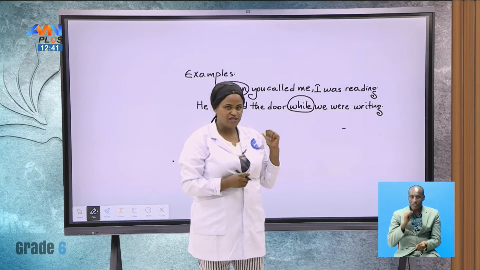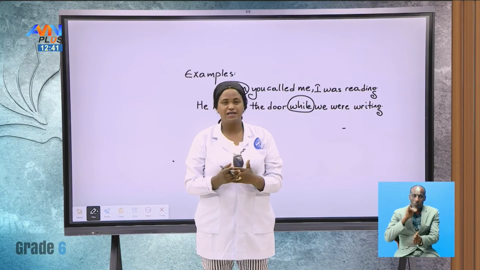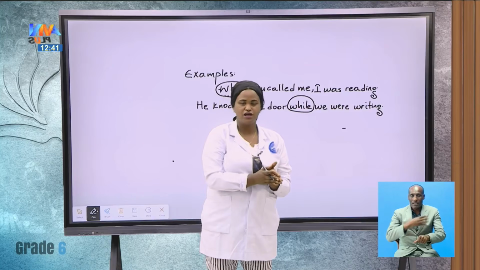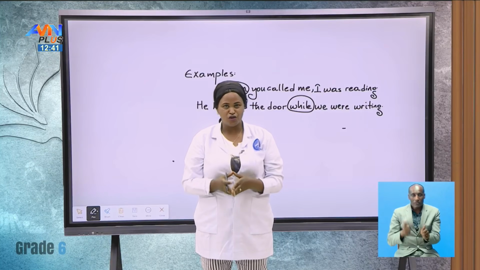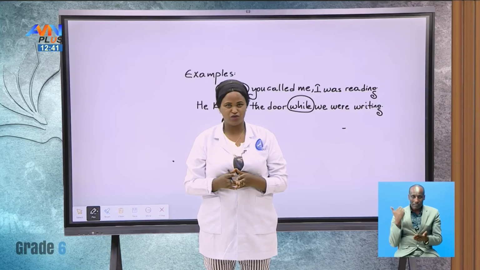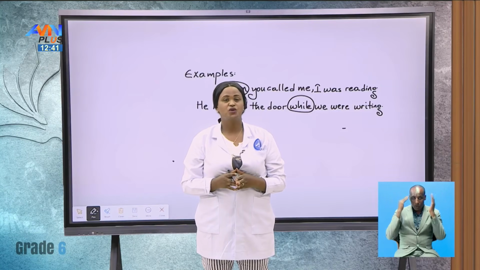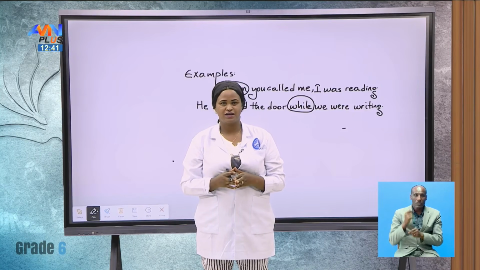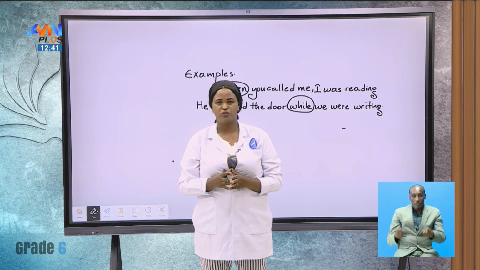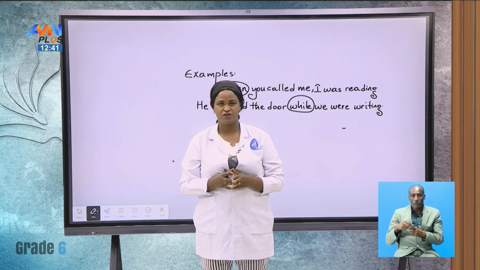In such a context, we said that while is followed by the longest action, which is past continuous, whereas when is followed by, yes, simple past. That is what we have seen last time. I am sure you have done your homework. Show your answers to your teachers at school or your parents and your mentors, okay?